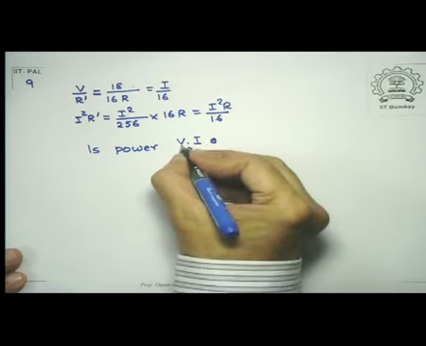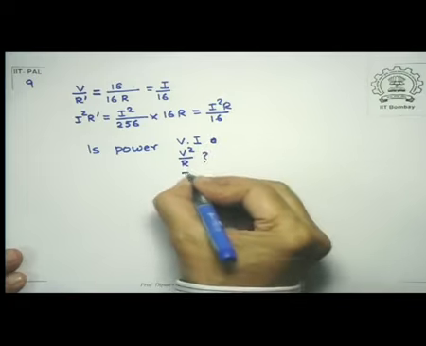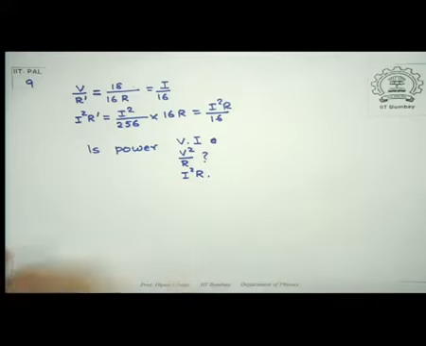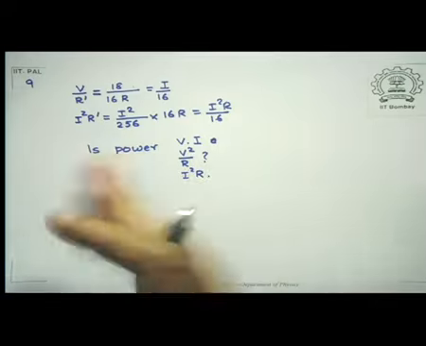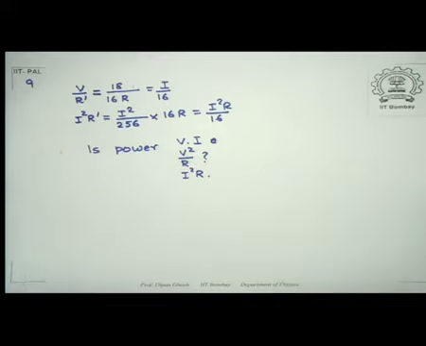Or, since V is IR, is it I square R? Now you would say they are all the same. They are all the same, provided all that you have is a single source of voltage, that's an EMF source, and a single resistance.